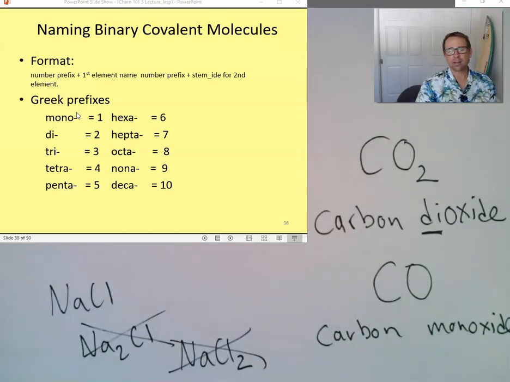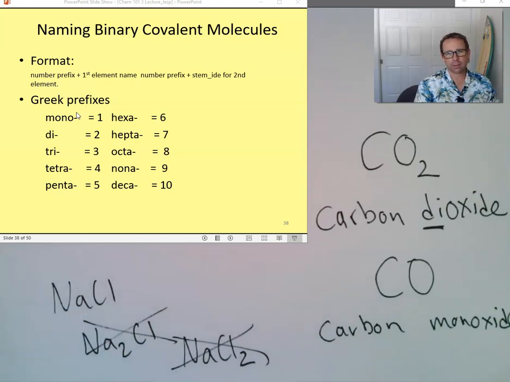Those can't exist because sodium always forms a +1 charge and chlorine always forms a -1 charge. Therefore, they can only come together in a 1-to-1 ratio like that. So if I say sodium chloride, nobody has to know if it's monochloride or dichloride because there's only one way that those elements can come together.